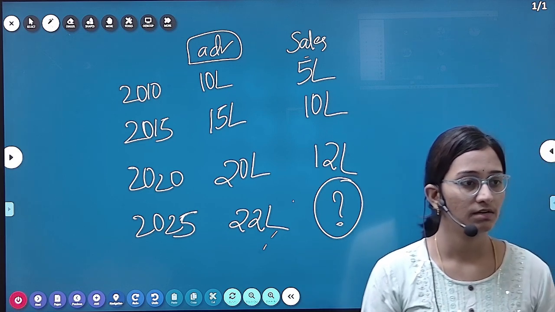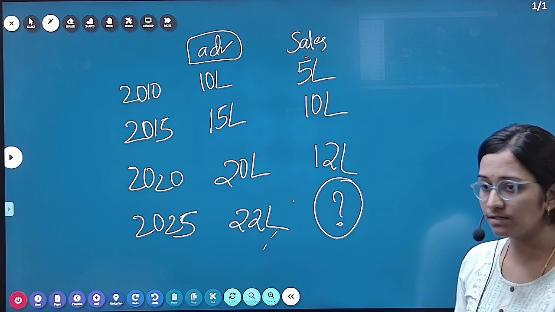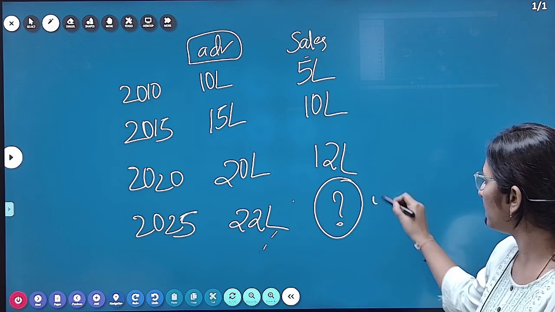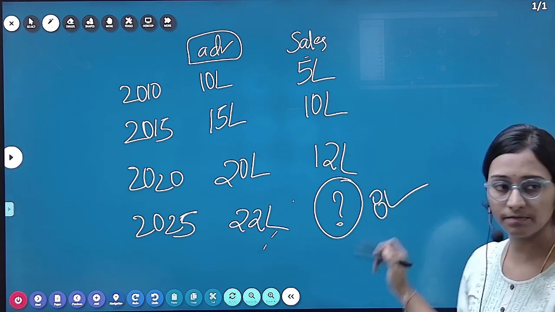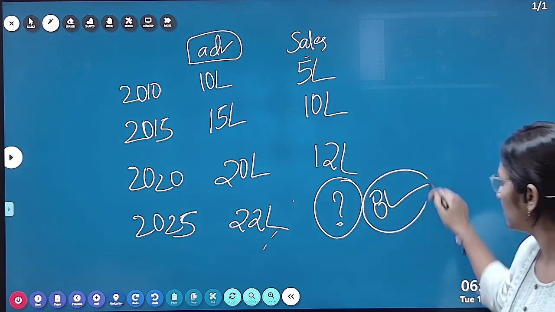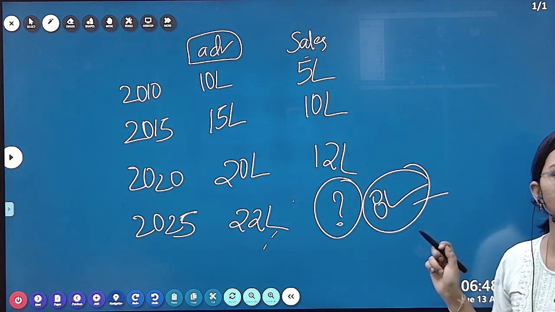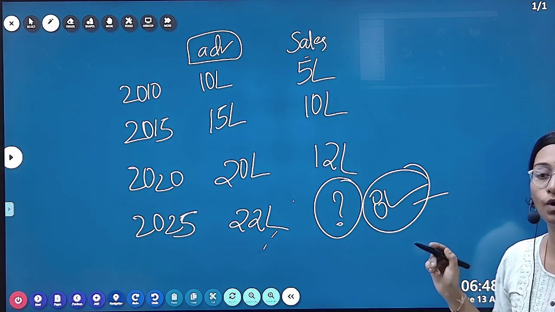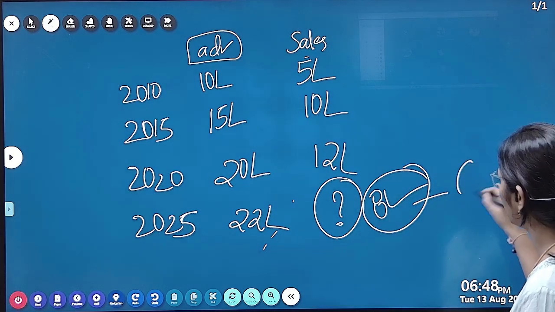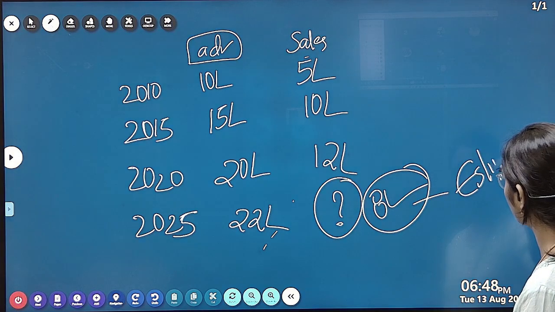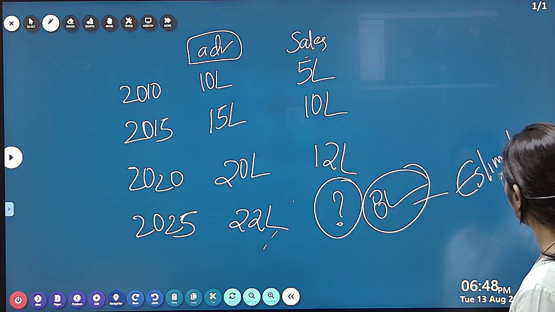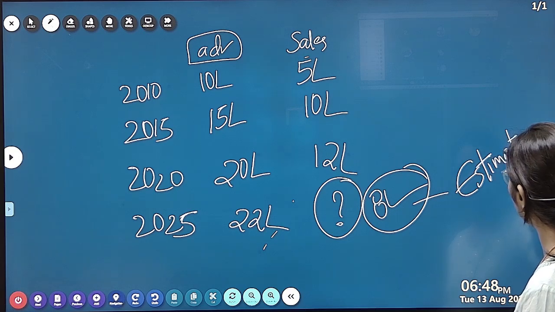If at all he tells, suppose like it will be 8 lakhs or something. So is it an actual figure? No. This is an estimation. This is not an actual figure.